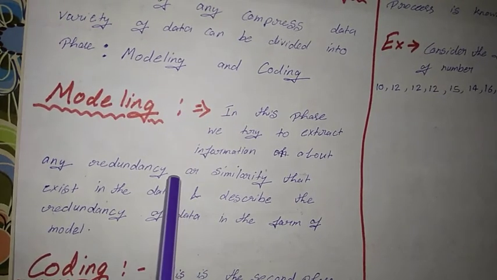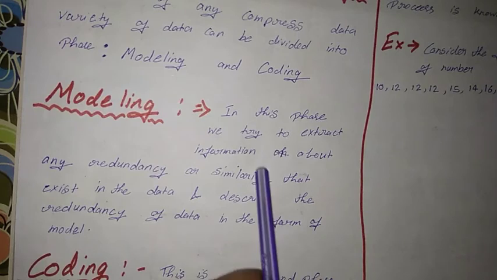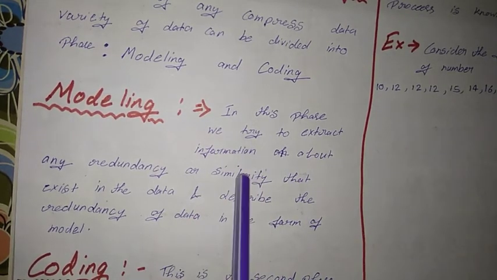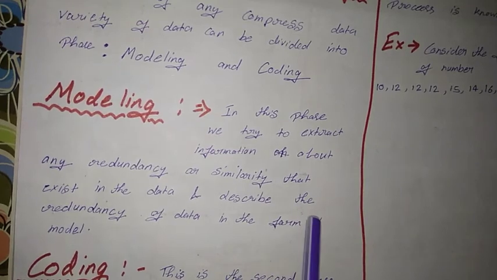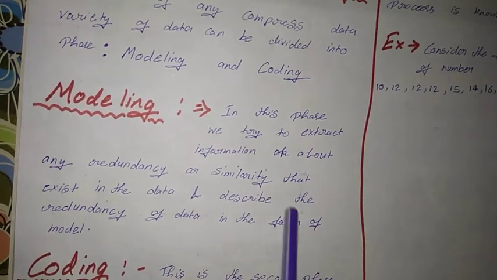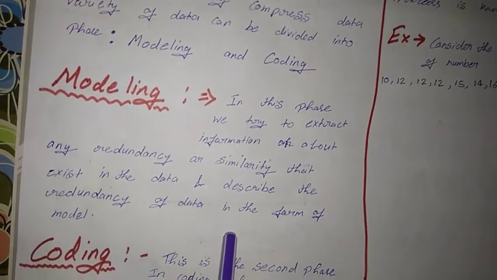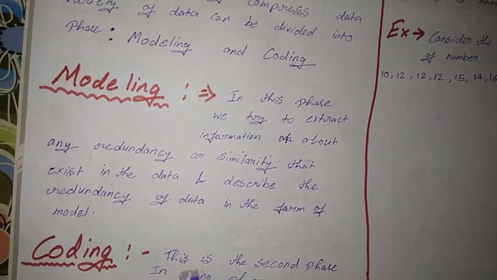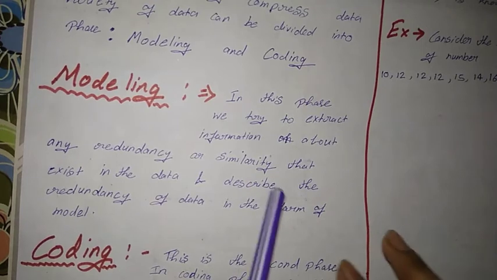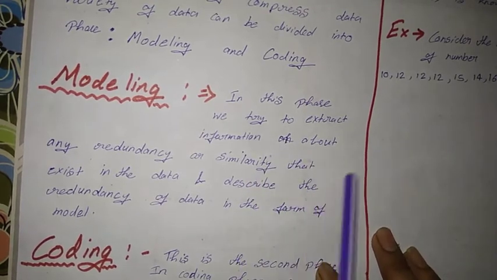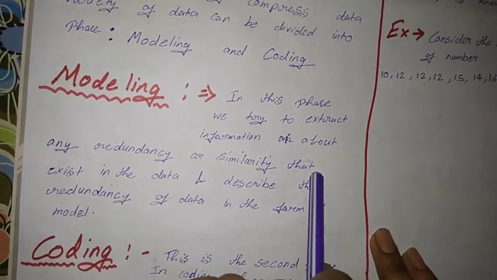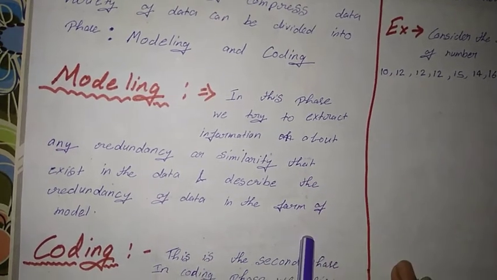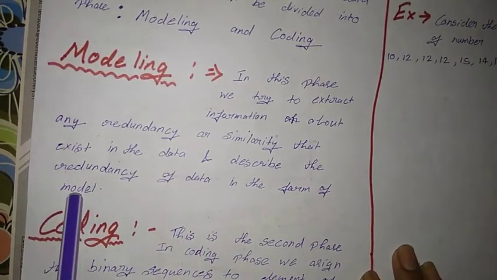Means in the modeling phase we extract similarities from the given data, and then according to that similarity we form models. Firstly we extract similarities from the given data, and according to that similarity we form models.